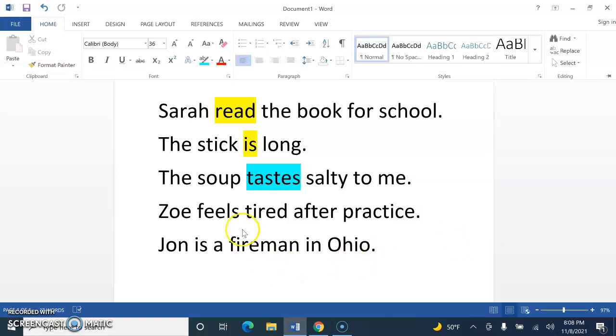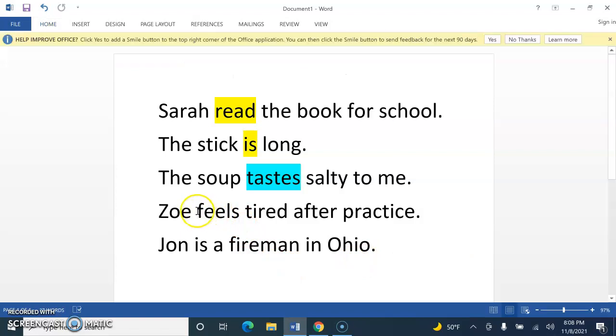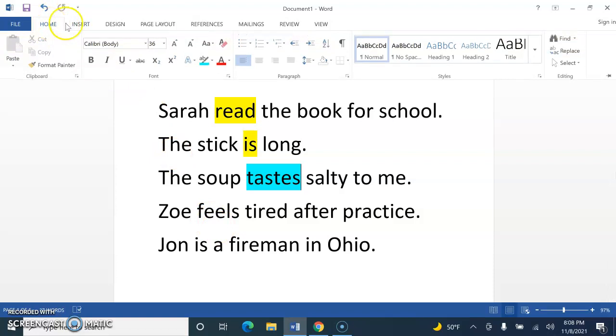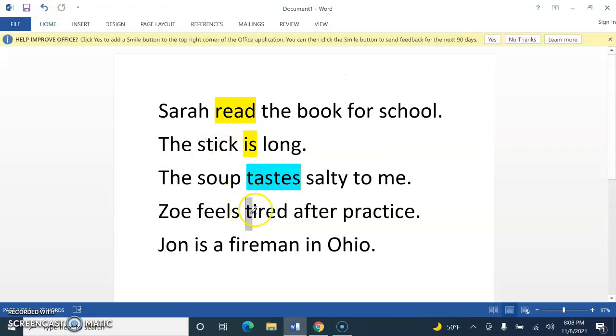Zoe feels tired after practice. So again, she's not actually doing the action of feeling. Her state of being is she is, oops, I think I just messed that up. Let's go undo. Everybody remember our undo button from computer class? Let's try this again.